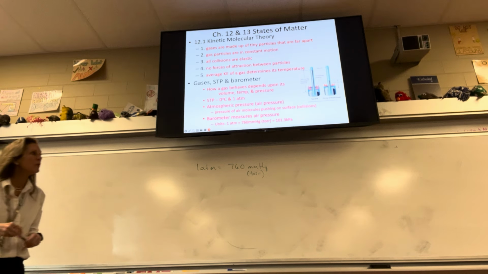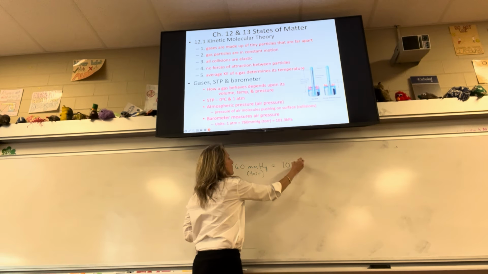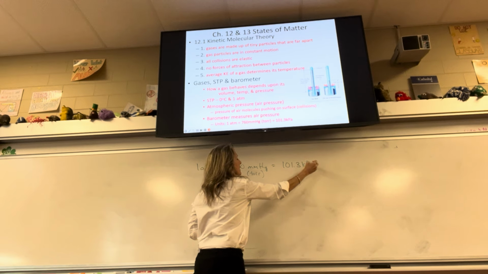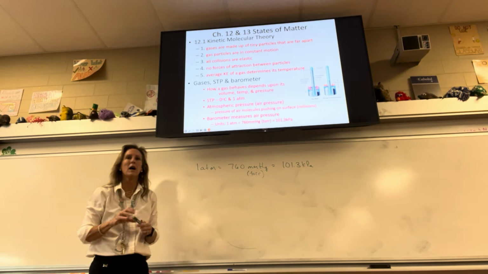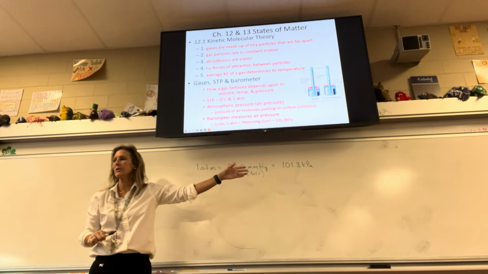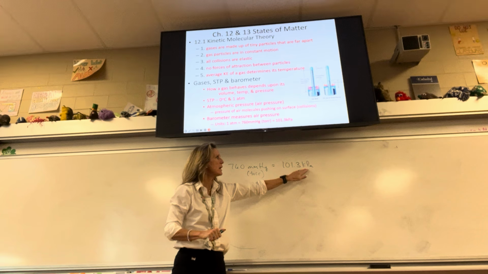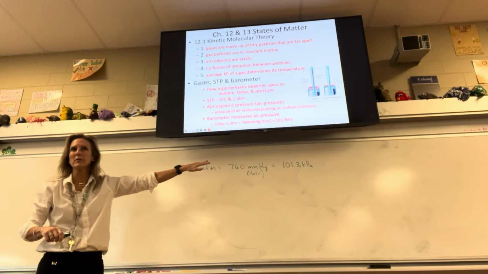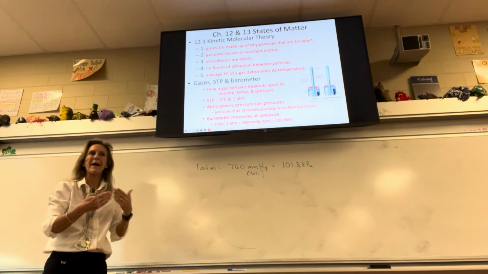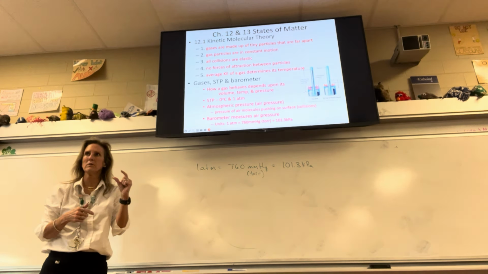And then the other one that we'll use is 101.3 kPa, which stands for kilopascals. All of these are metric units. So all three of these are equal to each other, and we can convert back and forth between each of them by putting them in a ratio.